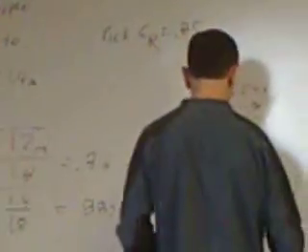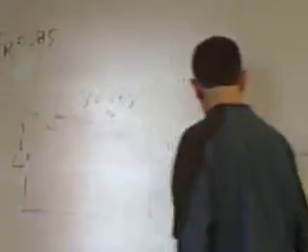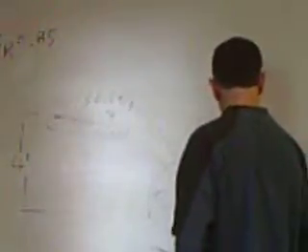We call this angle theta 1, and we call this angle theta 2. My question would be, what are theta 1 and theta 2? So, how would we go about solving?